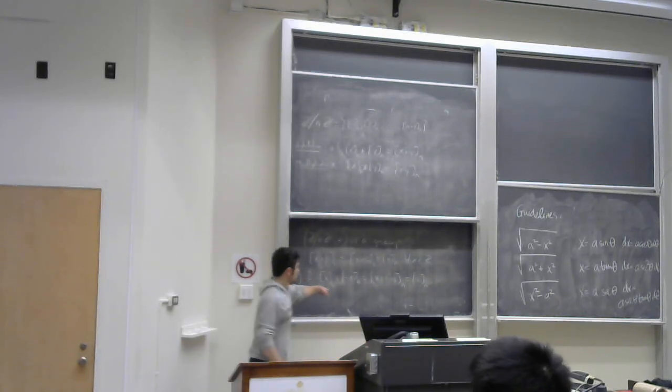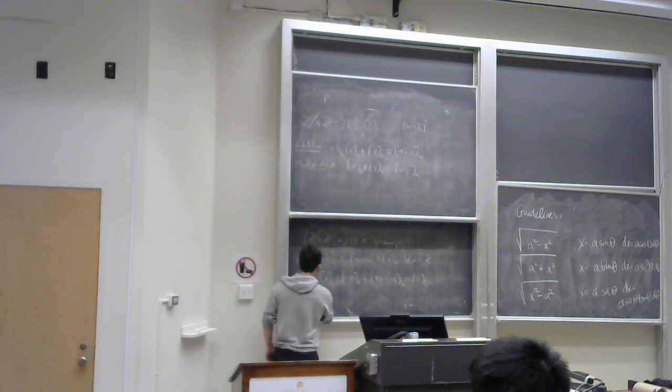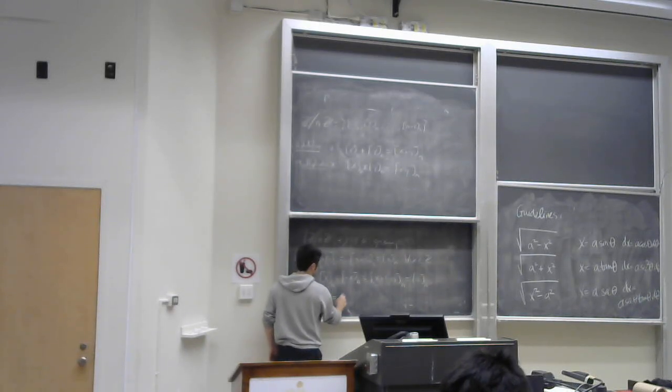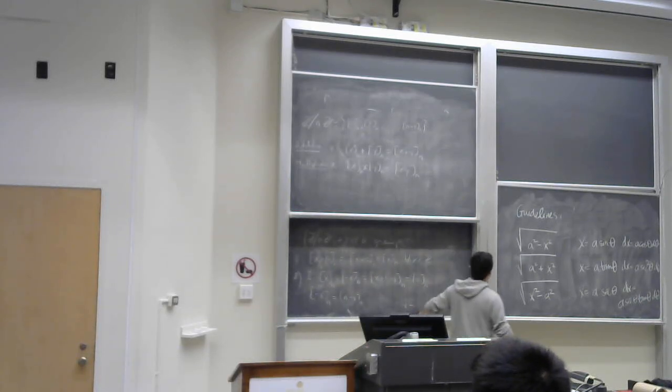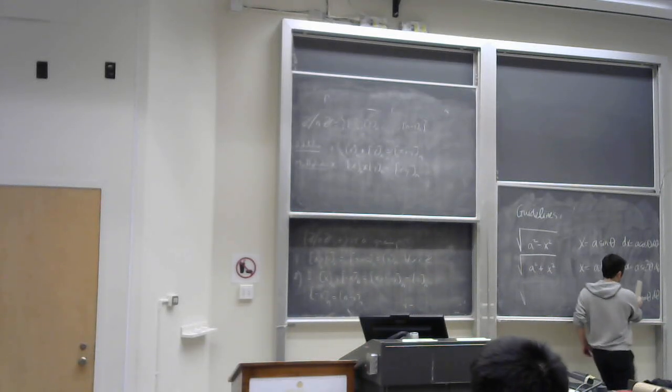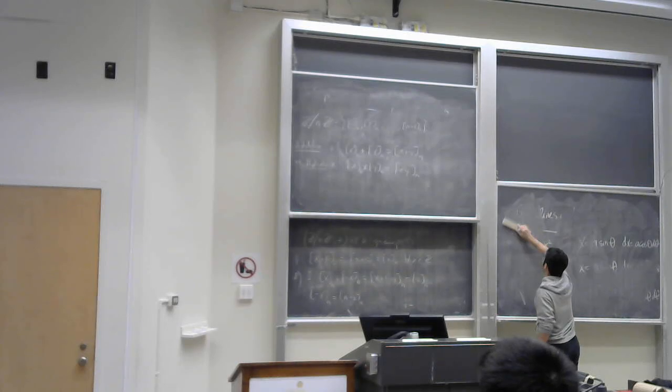The class of minus x, you can also see as the class of n minus x, because modulo n they're the same. So I do have an additive inverse for every element of these equivalence classes.